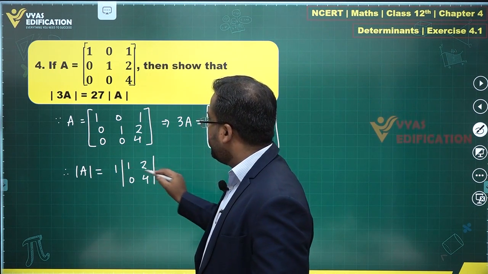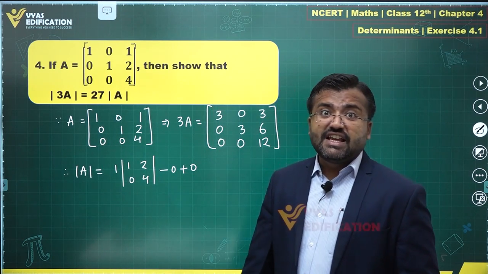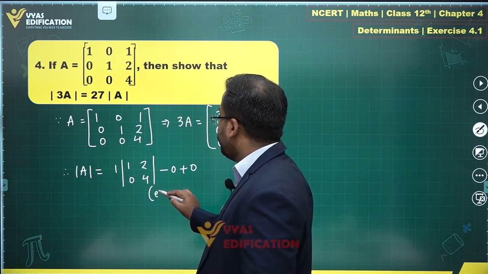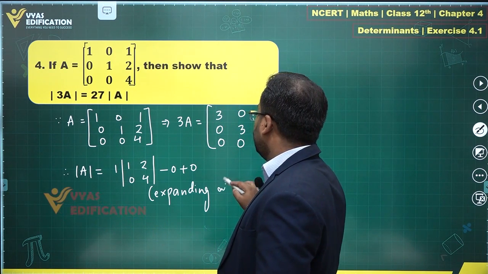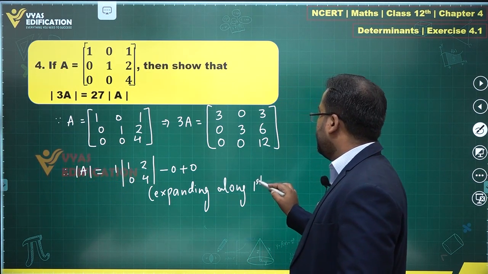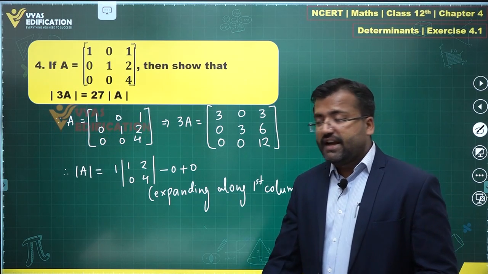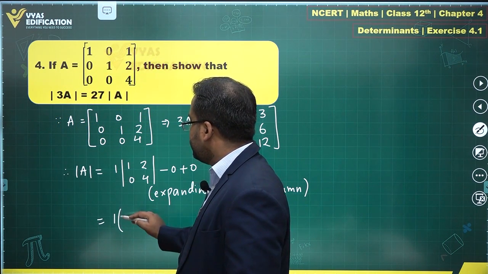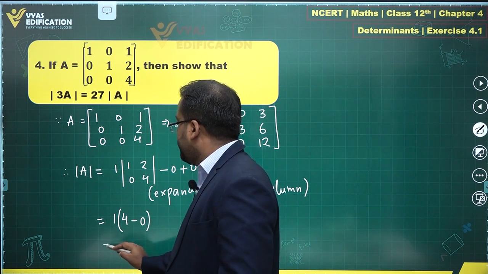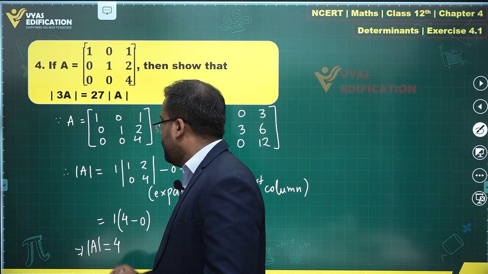Minus 0 plus 0 will be the other 2 terms. This is expanding along the first column. If you expand along the first column, this is what you get, and the value of determinant A will be equal to 1 times 4 minus 0, which is simply equal to 4. Determinant of A is equal to 4.